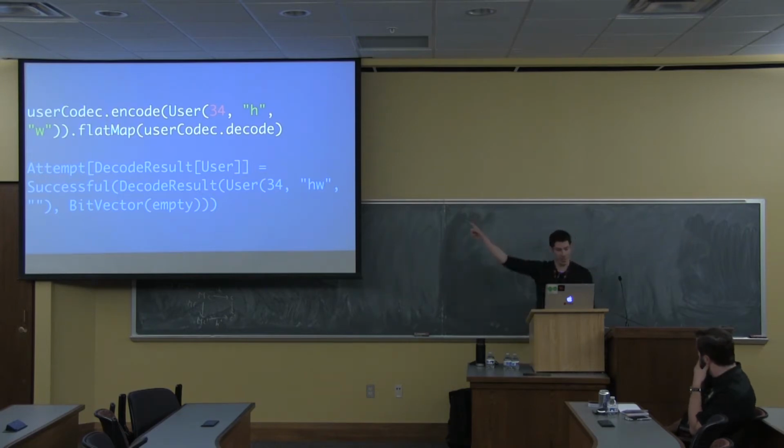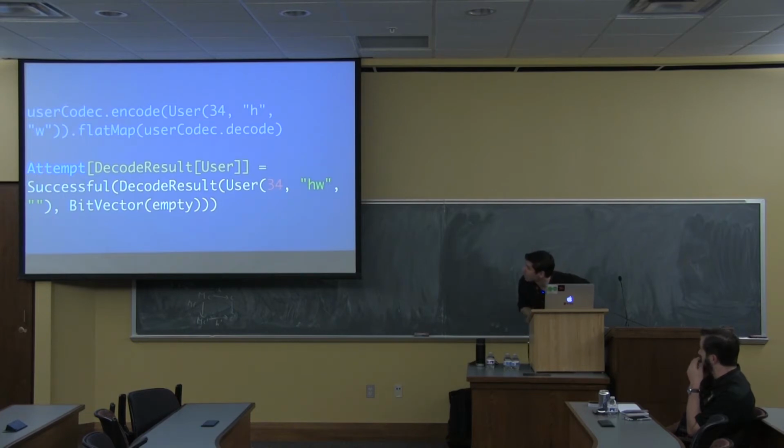I want to make sure we understand: my encode returns an attempt, so I'm flat mapping on that. I'm passing in a function that consumes a bit vector and returns an attempt of bit vector, and flattening it. So we're going to see our result. What happened? We got HW in the first name, and we don't have anything in the last name. So that's a problem.